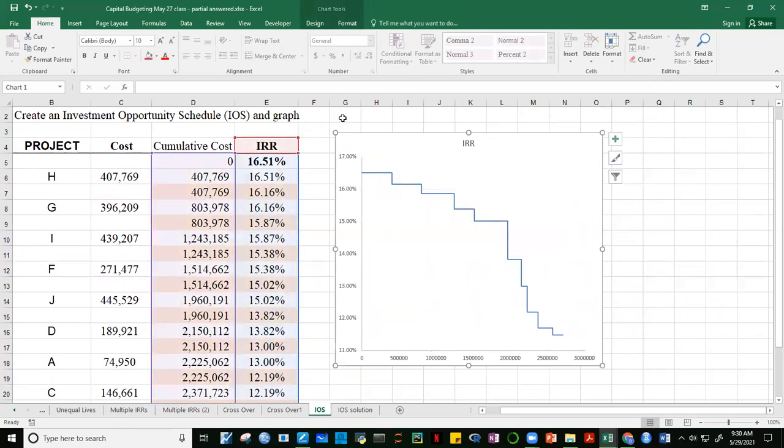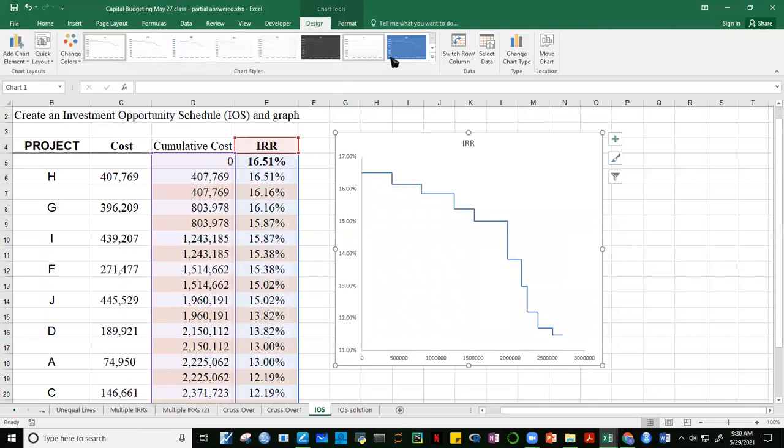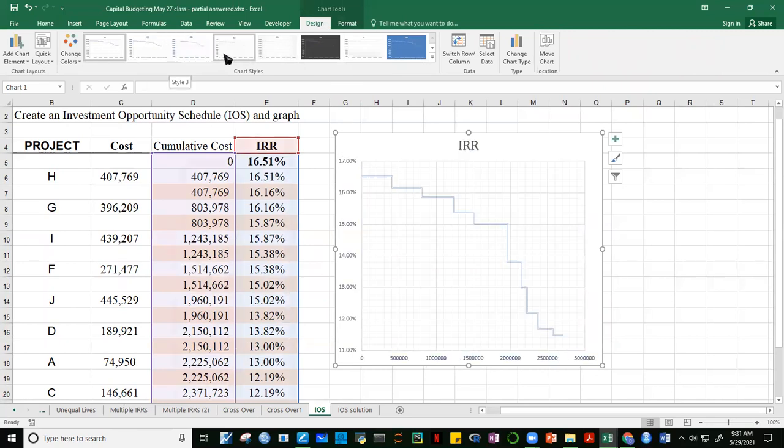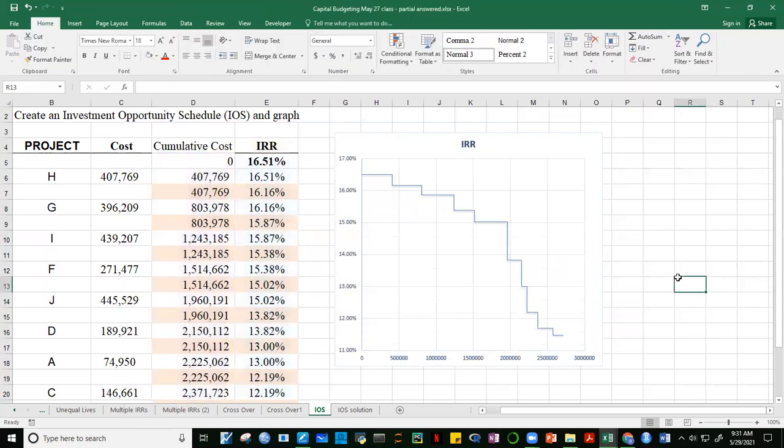Then maybe we can choose the design of this. We can choose from this one. Let me just choose this. Okay, so this is our investment opportunity schedule.